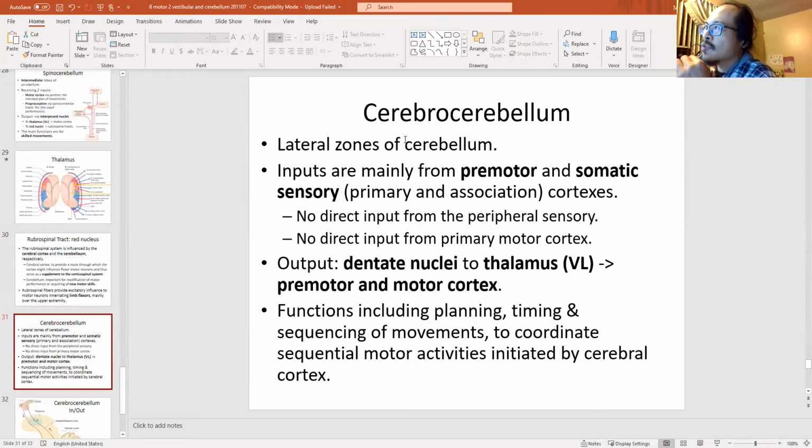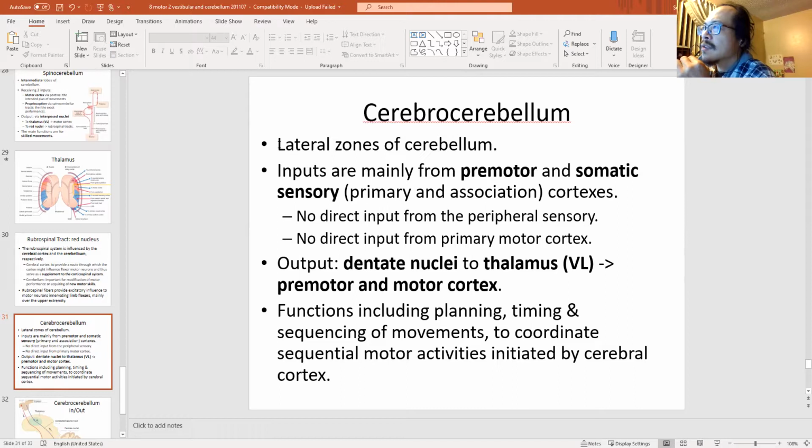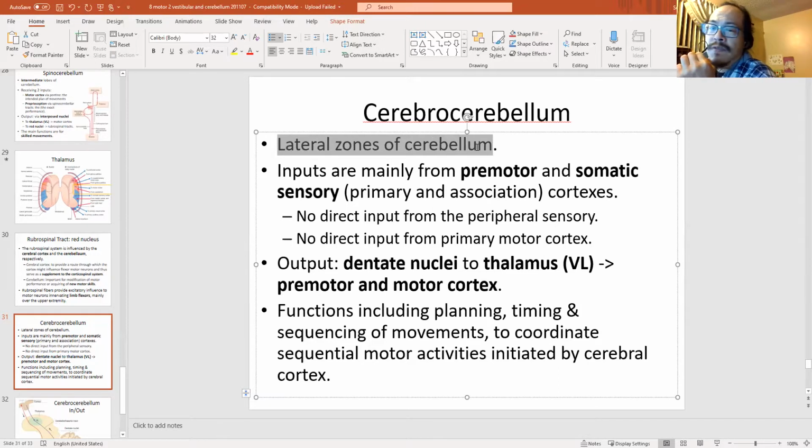So this one receives signal from the cerebral cortex and sends signal back to the cerebral cortex. The signal received from the cerebral cortex through the pontine, going into the cerebellum, will enter into the lateral zone of the cerebellum. The inputs are mainly from the premotor and somatic sensory areas, not directly from the primary cortex.